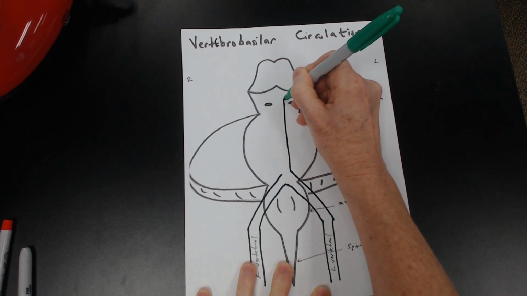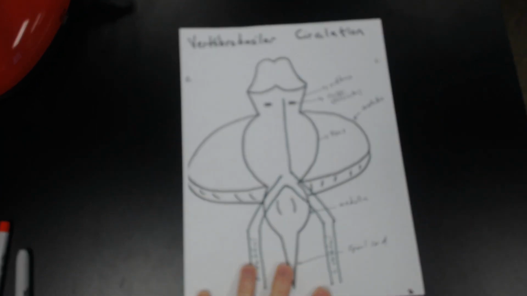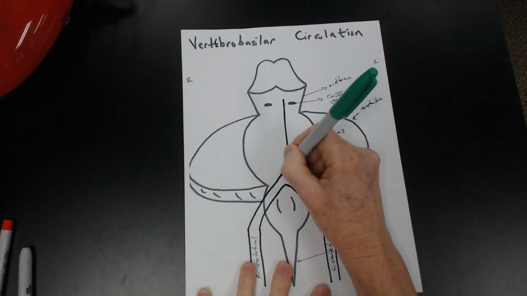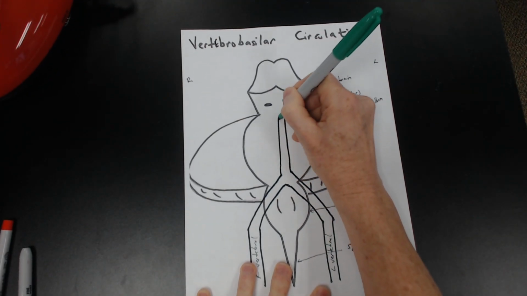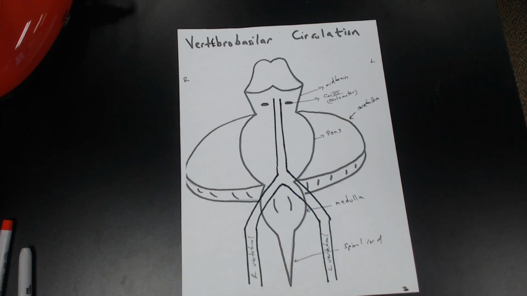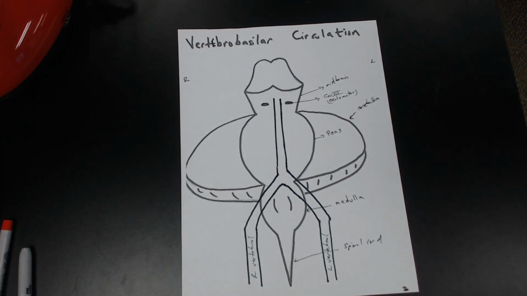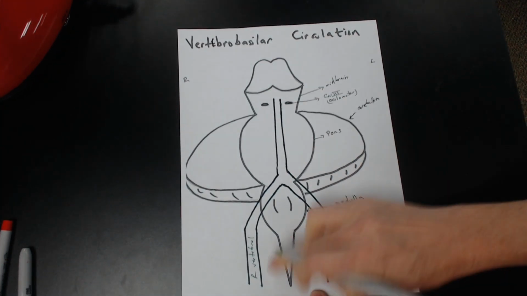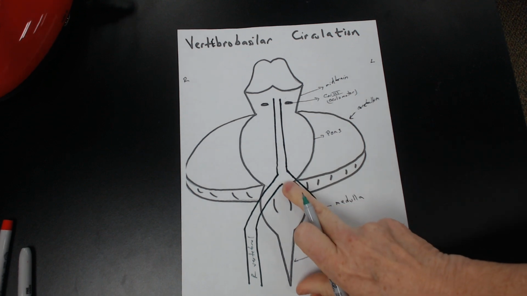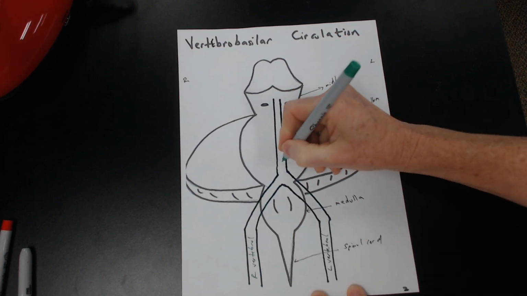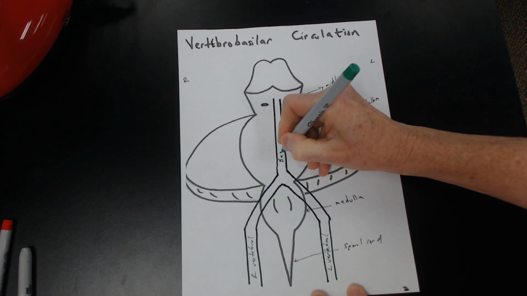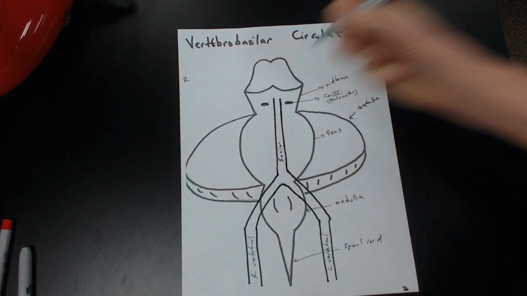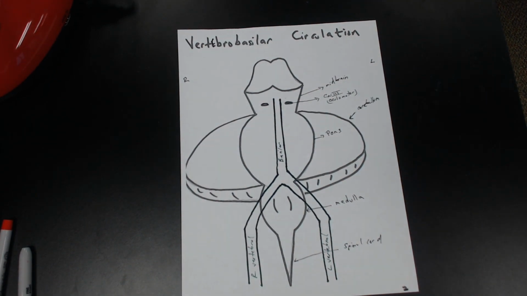It goes straight up to just above the level of the third cranial nerve. So my left and right vertebral come together at the point of the pontomedullary junction to form the basilar. B-A-S-I-L-A-R, the basilar artery.